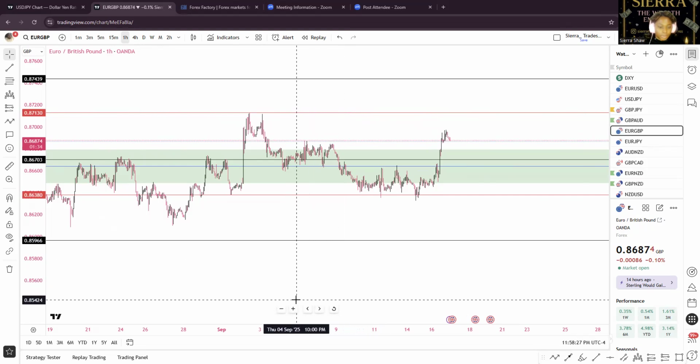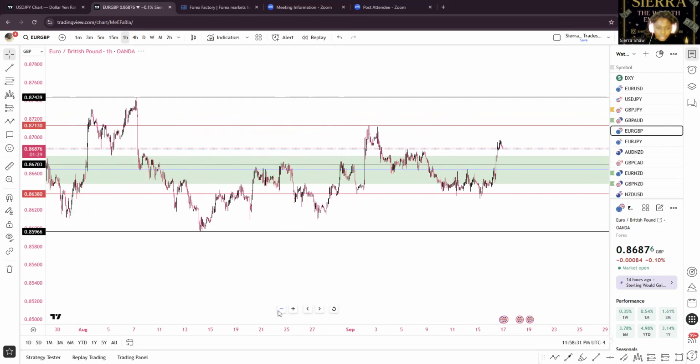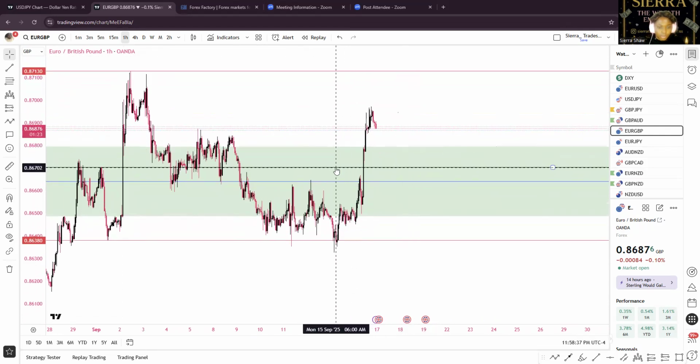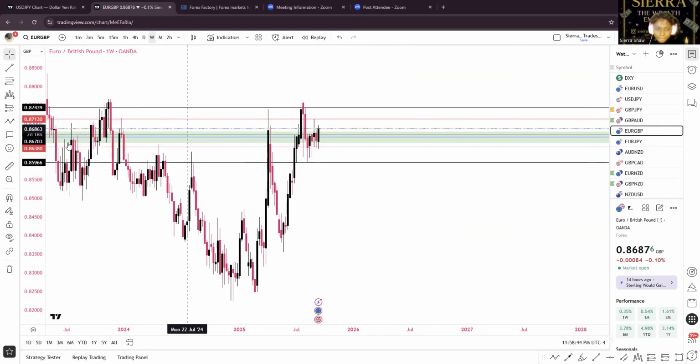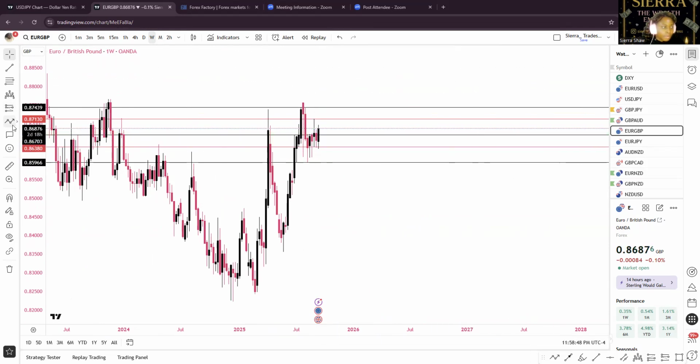So here on Euro GBP, this is last week's low, last week's high, and this week the monthly and the weekly zone must be in the same area here. I'm going to double check.